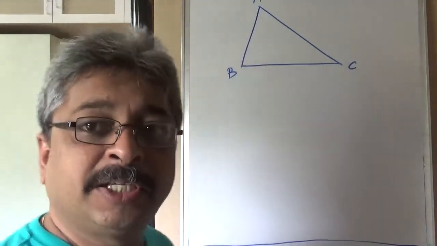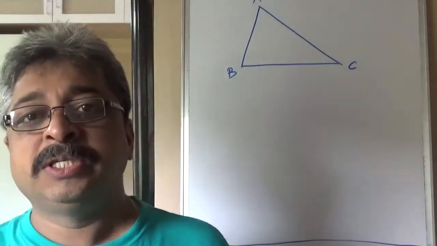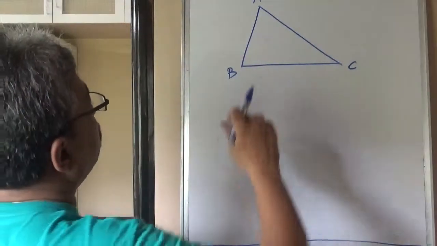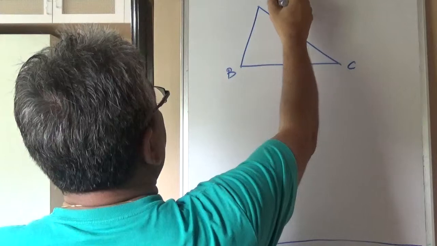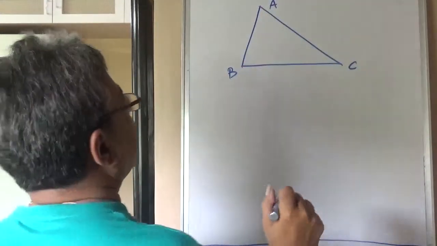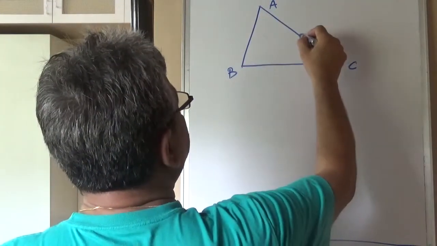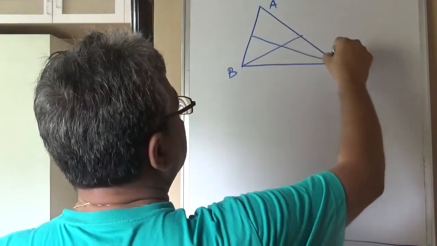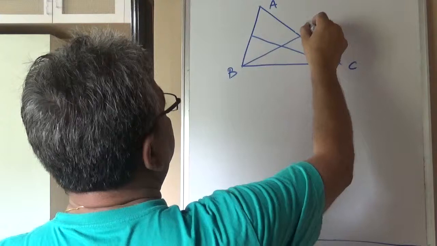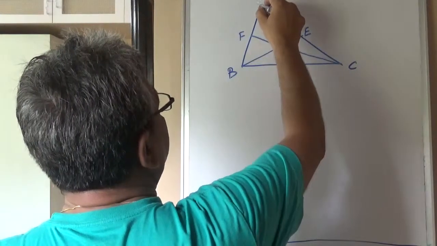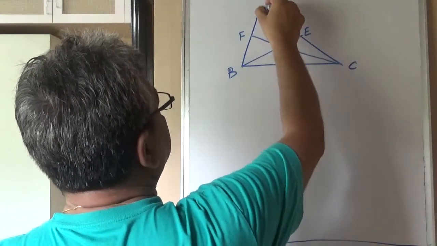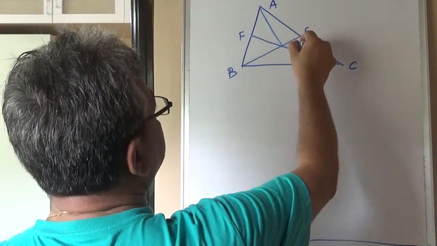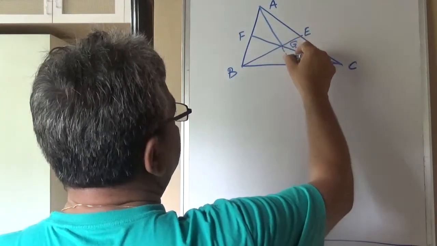Okay. So again, the strategy here is that we will draw two medians and show that the third median passes through the point of intersection. So the median passing through B is drawn, the median passing through C is drawn. Let this point be E, let this point be F, and then you join the point of intersection P, which eventually we will call G, and extend.